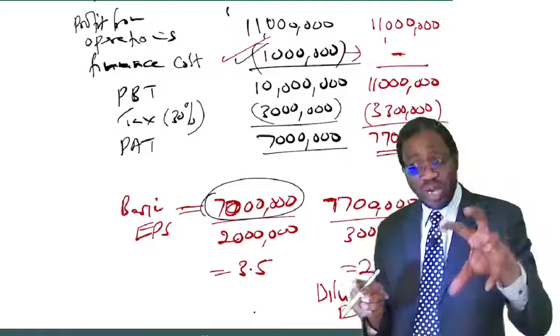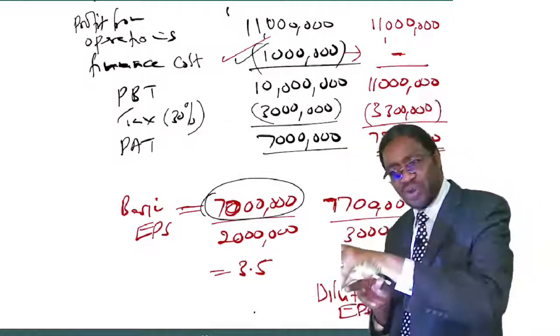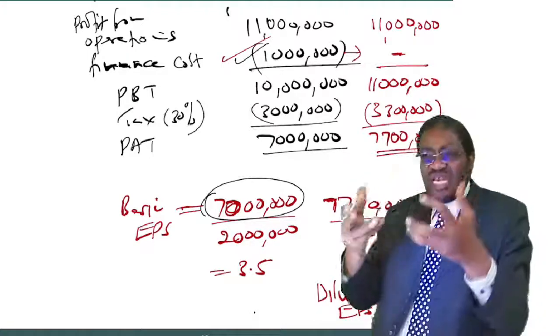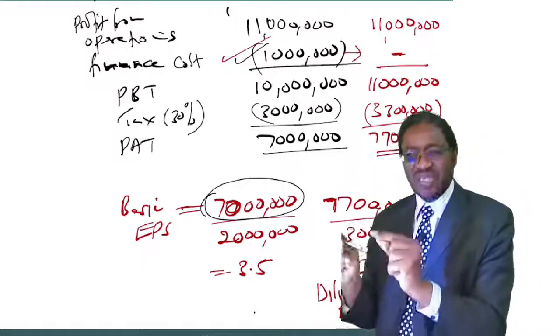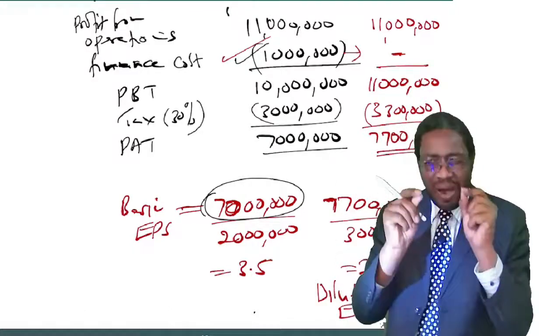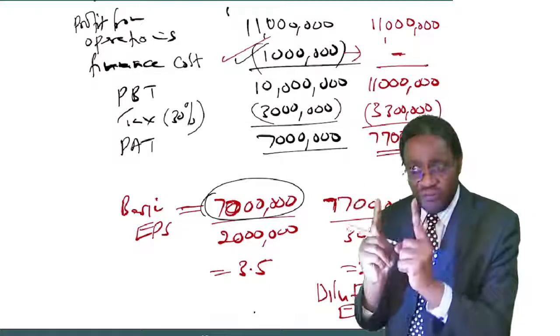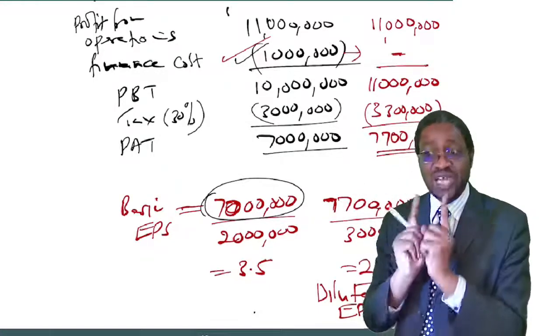So I take 1 million, I get 30% of it, I now remain with a balance of 700. So our earnings will increase by the amount of the interest saved, net of tax. That's the point I want you to get.